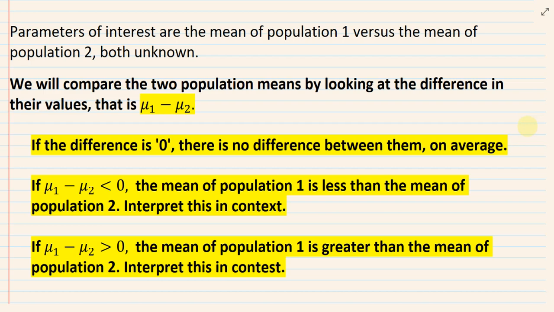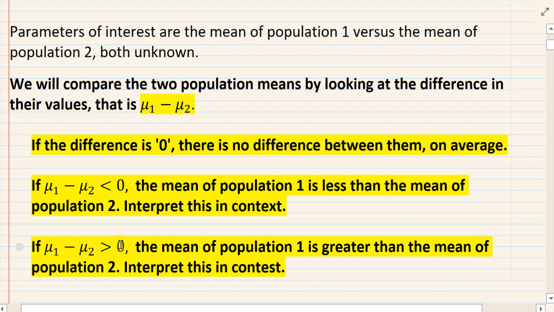And if the difference, let's say we have mu1 minus mu2 is less than 0, a negative difference would imply that, sorry, mu1 would be less than mu2 in this case. If a difference is greater than 0, that would imply the average in the first population exceeds the average in the second population, or it's greater than that.